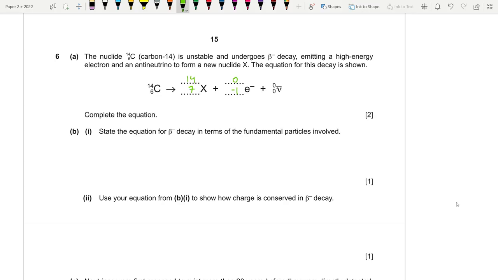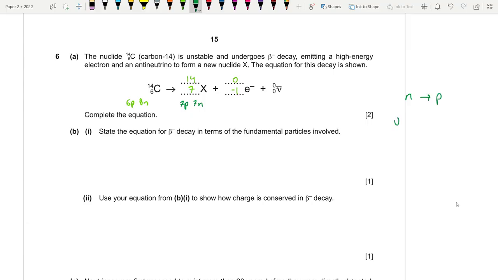So basically we got an extra proton, right? Here we had 6 protons and 8 neutrons, but here we have 7 protons and 14 minus 7, 7 neutrons. So essentially 1 neutron decomposed to form 1 proton. So let's do that. 1 neutron to 1 proton.